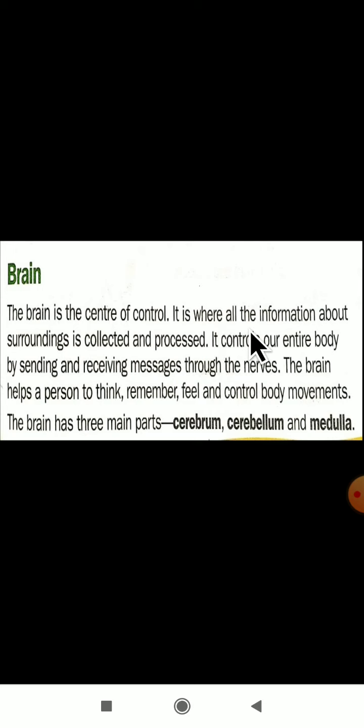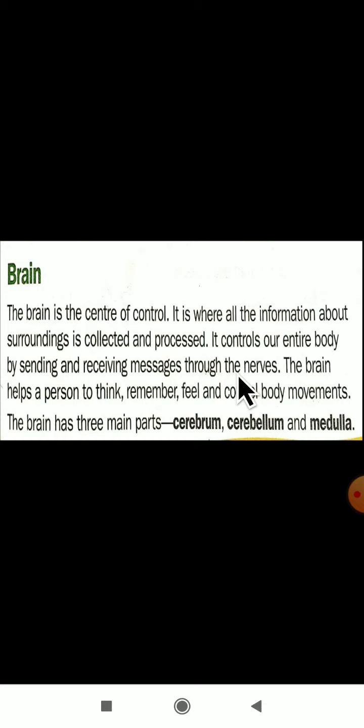It collects all the information about the surrounding. What will the brain do? It will collect all the information from the surrounding, and then the process takes place. It controls our entire body by sending and receiving messages through the nerves.